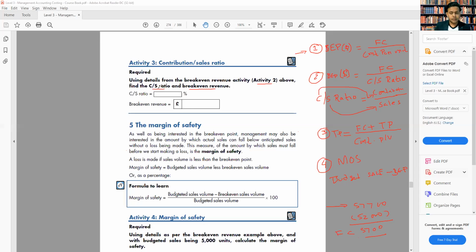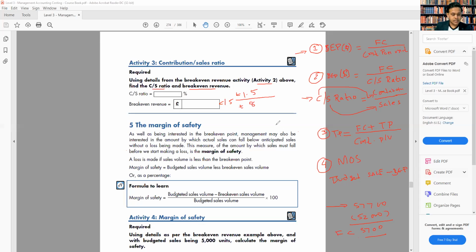So CS ratio, if you remember, the CS ratio is contribution on the top and the sales on the bottom. Do you remember how much the contribution was for that? So our contribution was 1.5 and the sales per unit was 8.